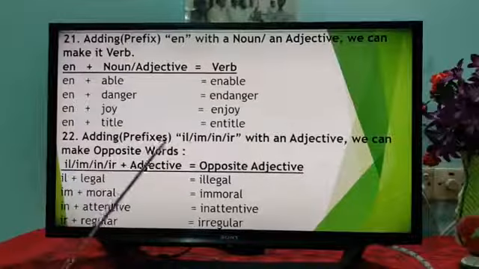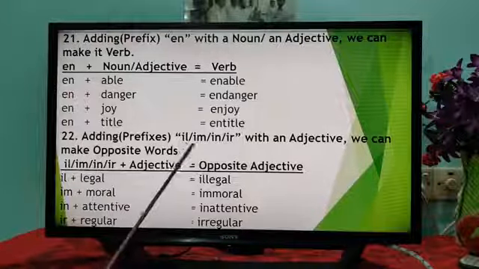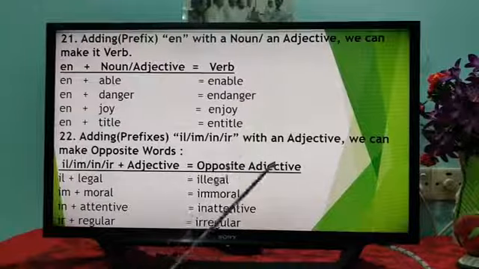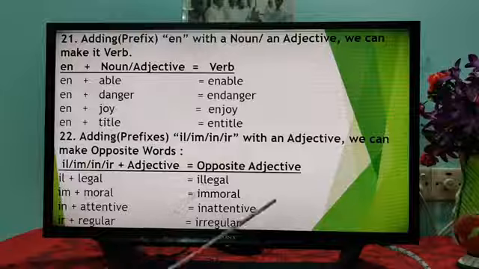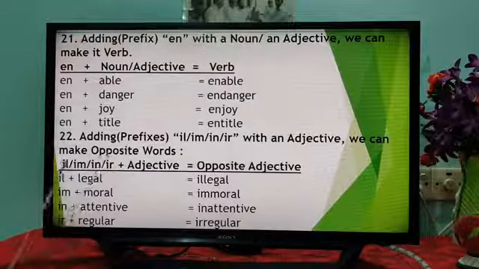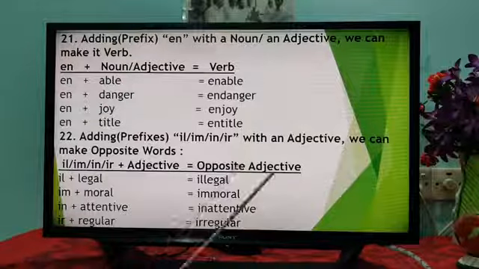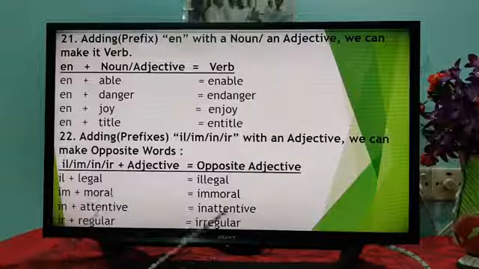Here are the prefixes il, im, ir. These are also prefixes. These prefixes, added to an adjective, make the opposite adjective. Legal, illegal. Moral, immoral.